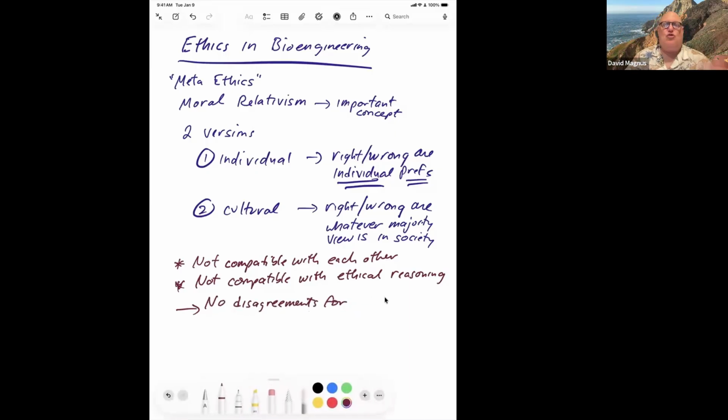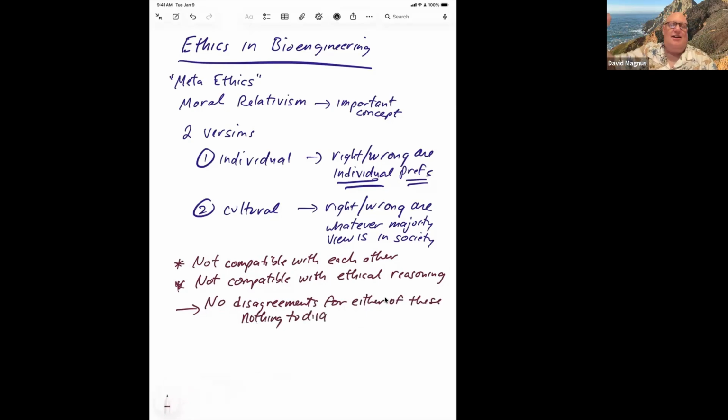Because if those are just expressions of individual preference, there's nothing for them to disagree about. It's just a fact that I think this is good and you think it's bad. There's no possibility of saying, I know you believe that this is right, but you're wrong, and let me give you arguments for why I think you're wrong. You couldn't engage in arguments.